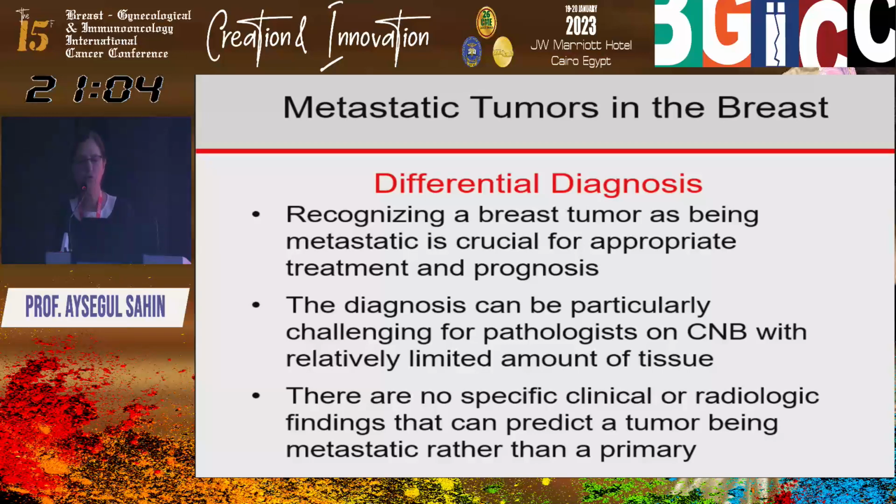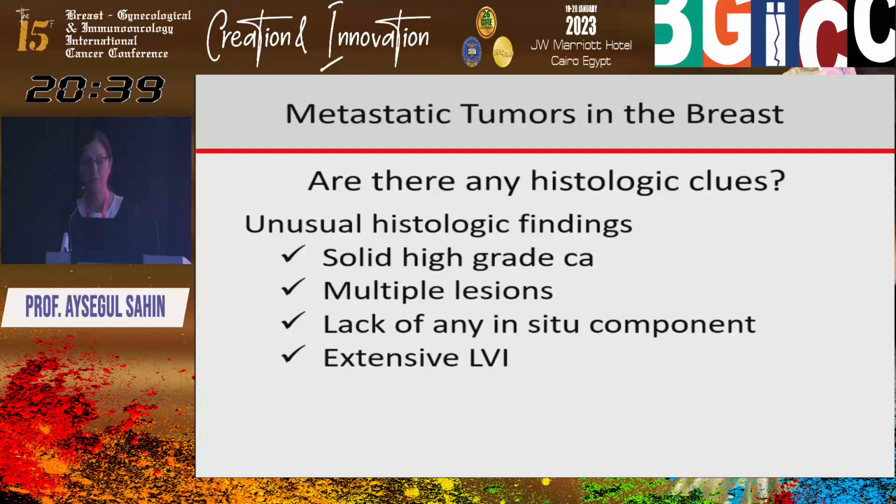Recognizing a breast tumor as being metastatic is obviously crucial for appropriate treatment, and the diagnosis can be challenging on core biopsy. And if you are not going to remember anything, please remember this last point. There is no specific clinical, radiologic, or morphologic feature. So really, they mimic each other.